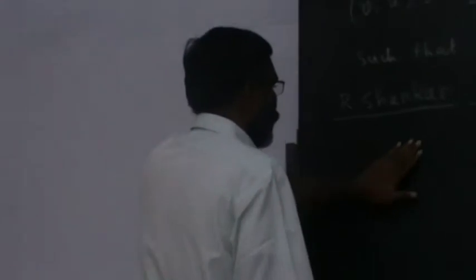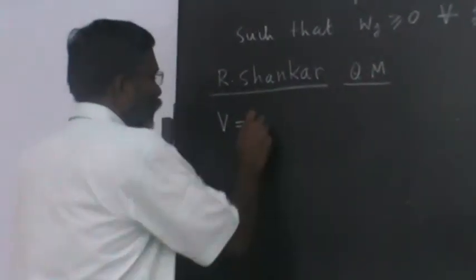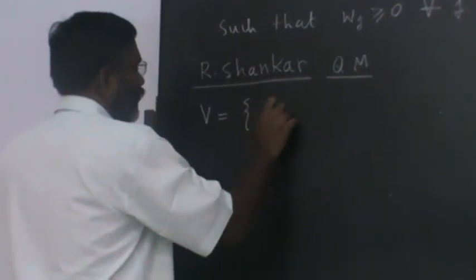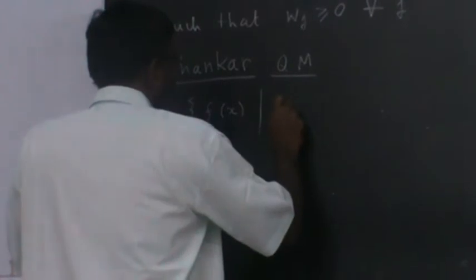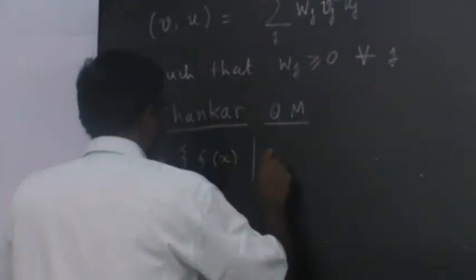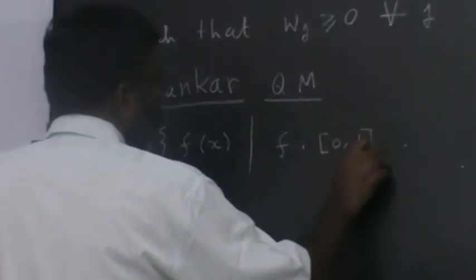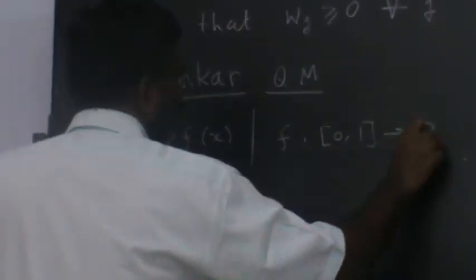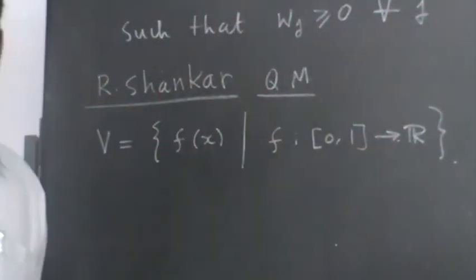Now, if you have function spaces, like for example, yesterday we considered D equal to f of x such that f is a function from 0, 1 to R. And we know that this forms an infinite dimensional vector space, all such functions.